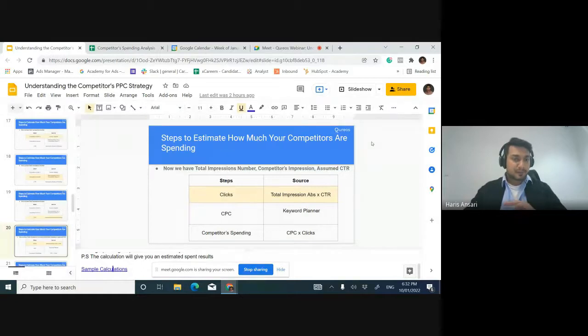You can get this from other tools as well, but those are paid tools, and I won't recommend going for them. I recommend using the existing data in Google Ads and calculating by working backward. By the end of the presentation, I'll share the link of this sheet as well, so you can use it in future whenever you need it.